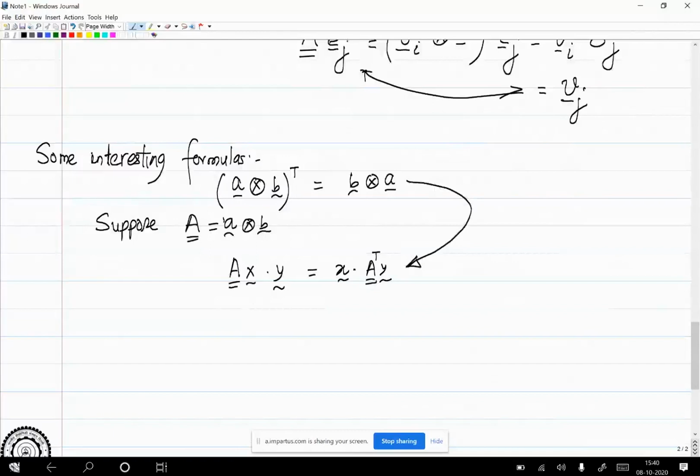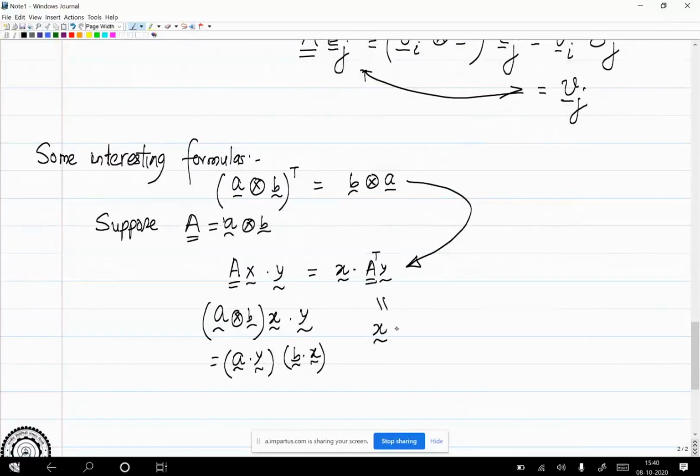So put on the left hand side your A. What you have is A tensor product B into X dot with Y. So this becomes A dot Y into B dot X, isn't it? Now look at the right hand side.